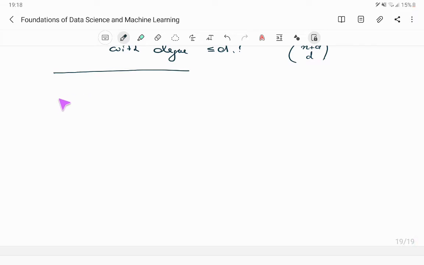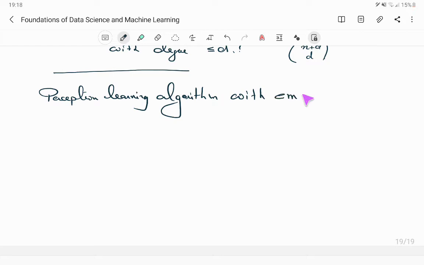The perceptron learning algorithm together with embedding. Okay, so in this case, what will be the inputs to the algorithm? As always, you need this good set and the bad set. So a good set, let me label them as x1, x2 to xk, k points.